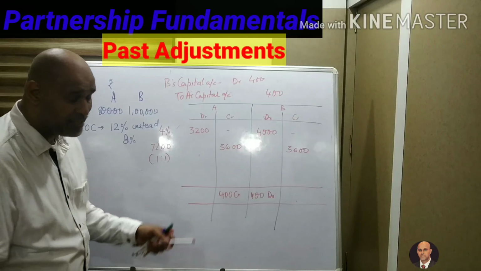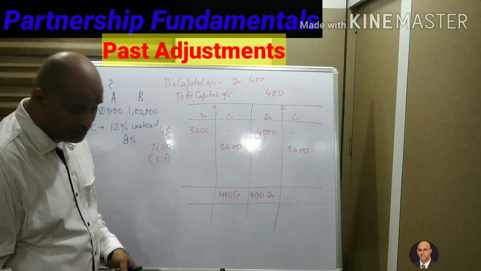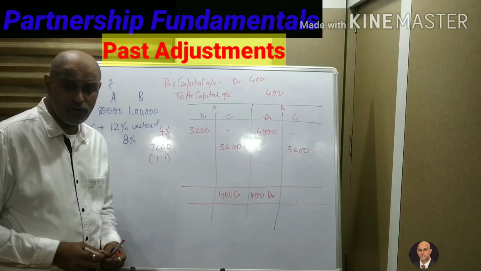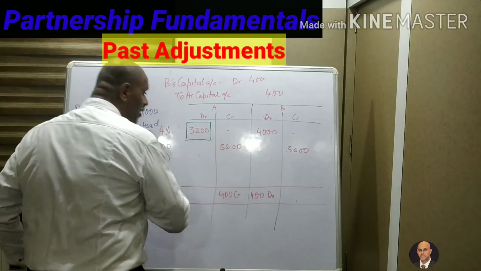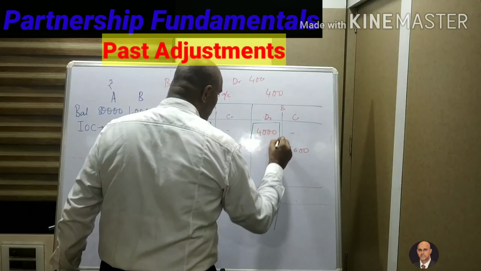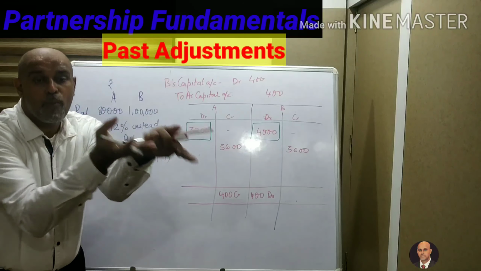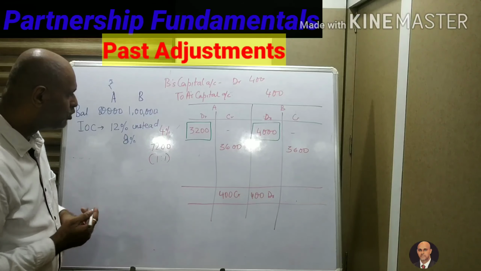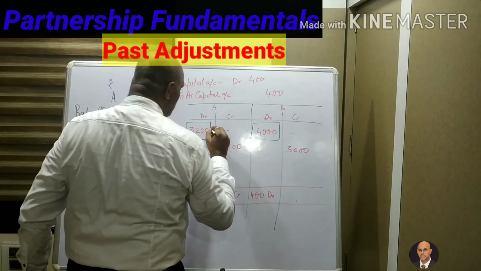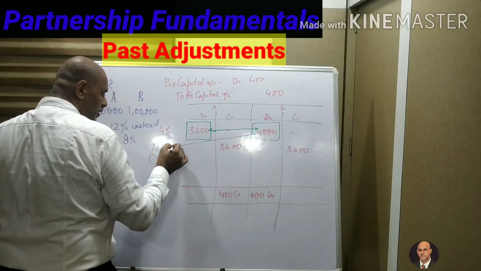Fine. So this is your adjusting entry for this. The profit sharing ratio was not given. We had given excess amount of interest on capital, which we took back. So what happens is that we have to give them more profits if we have taken back. The addition of these two figures, that is 7,200, is put here.